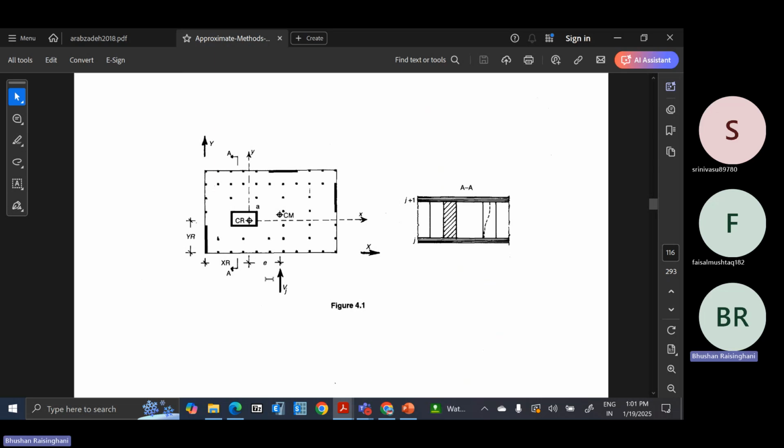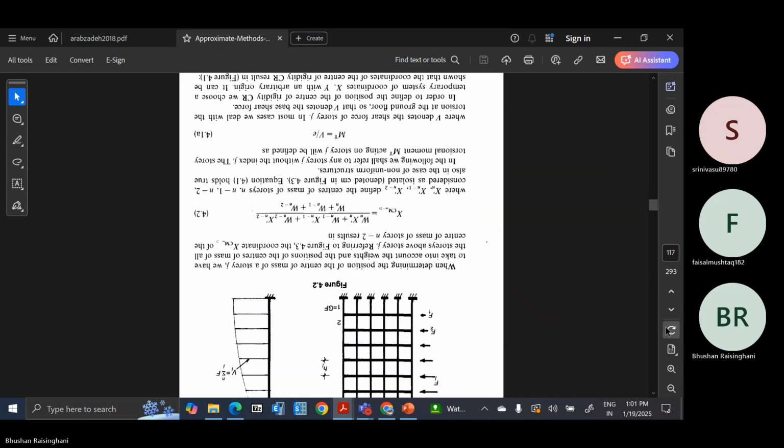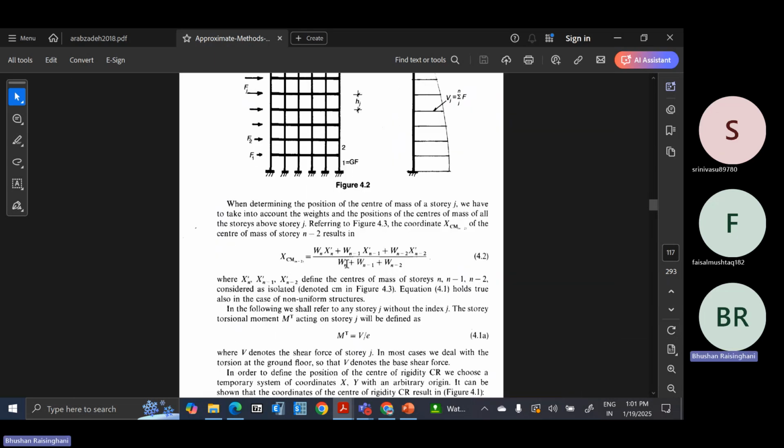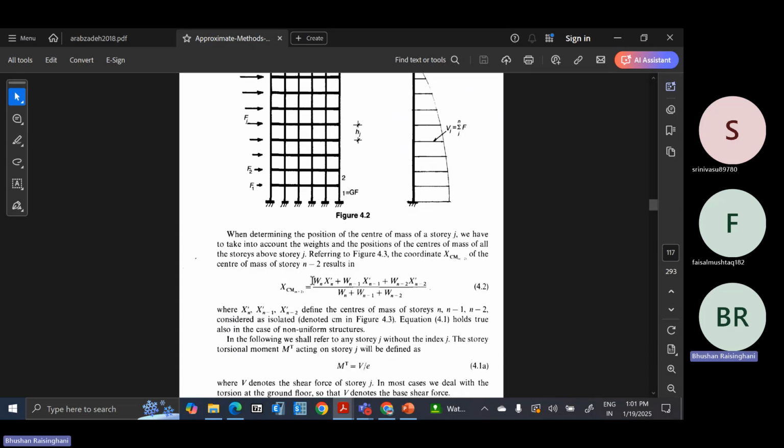And this is basically the exercise we have to do every time we are planning the building. So CM and CR, the formula is given. Load is distributed along the height. In the formula, they have considered the weight into X and weight.